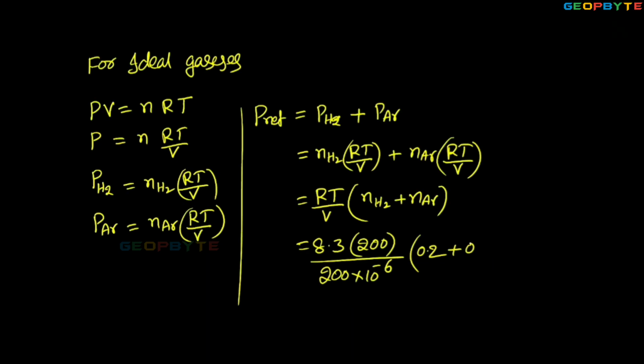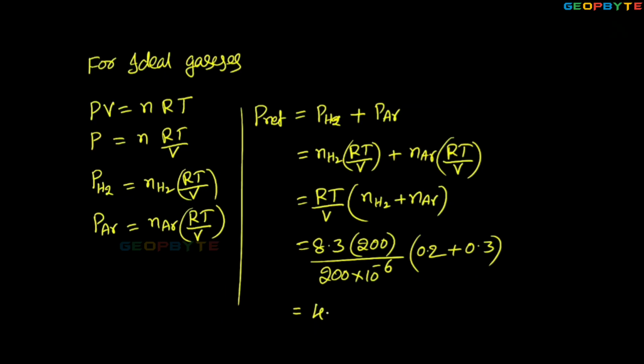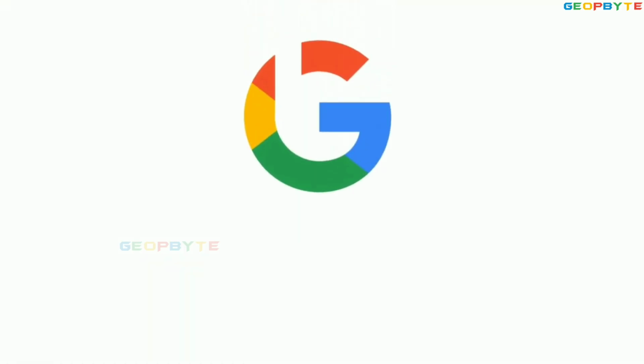Simplify this value and we get 4.15 into 10 power 6 Newton per meter square or Pascal. That is the answer. Understood clearly? I am trying to explain each and every point for your better understanding. Are you following clearly? Yes.